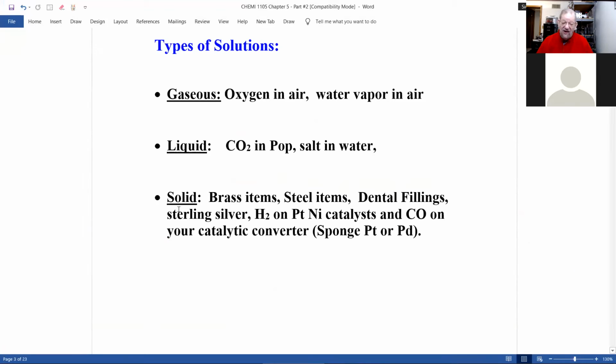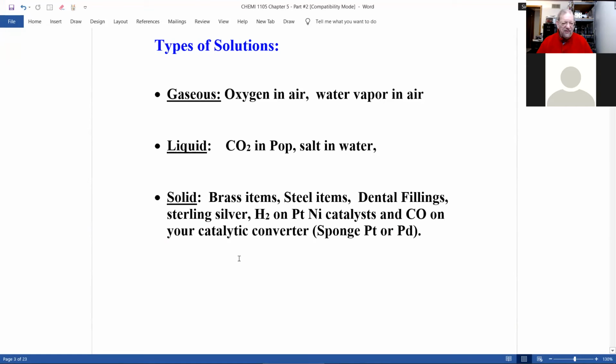Now, you can also have solids as solutions. You don't think of that, but brass items are solutions, mixtures of compounds or elements. Same thing with steel. Same thing with the old mercury amalgam dental fillings, which they don't use anymore, because mercury is bad for your health.